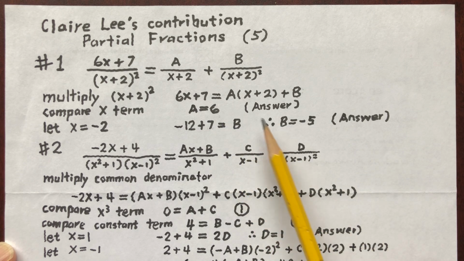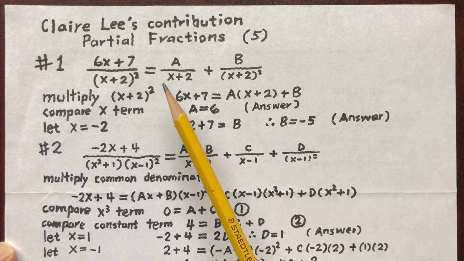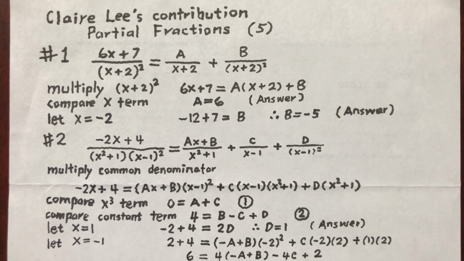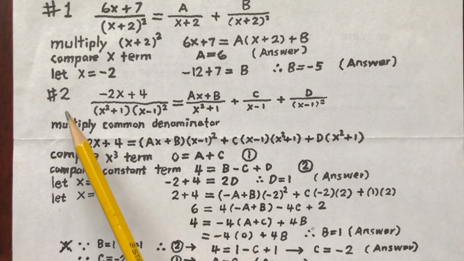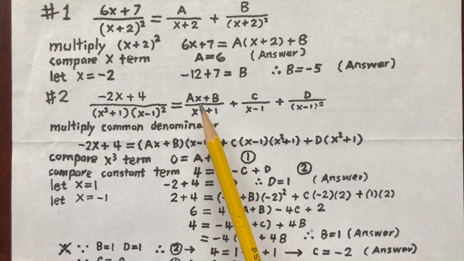So we have a and b found. That's the end of this partial fraction. The second question is this fraction. We write this in partial fraction form.